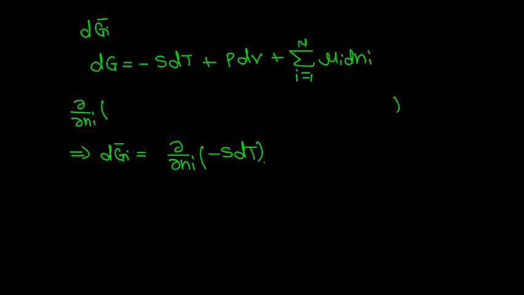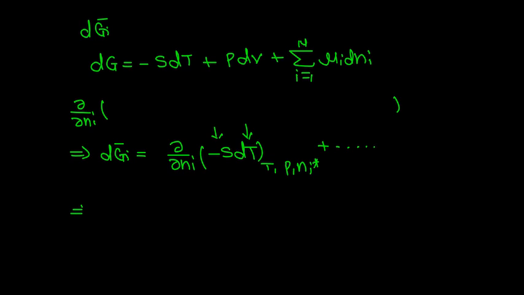Okay, and this has to be done at constant T, P, ni star, plus and so on. So when I do this, I have to operate this once on S keeping dT constant, and once on dT keeping S constant, and therefore when my T is constant, I simply get rid of this dT term.